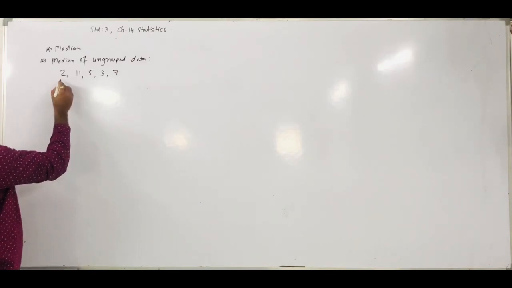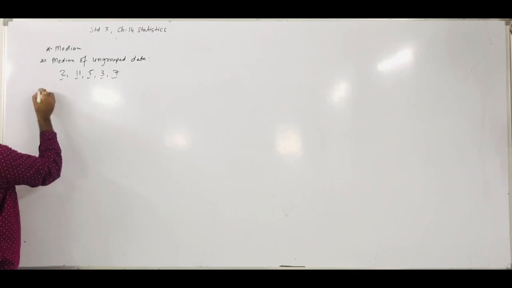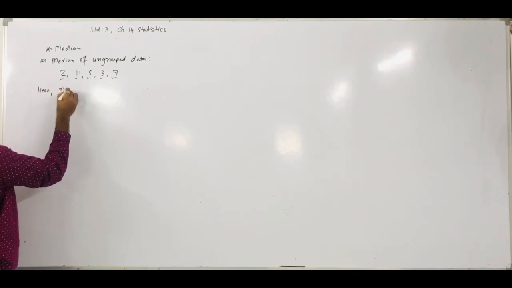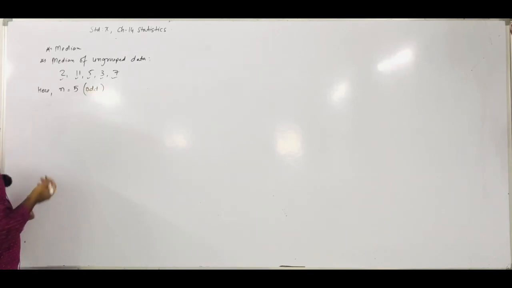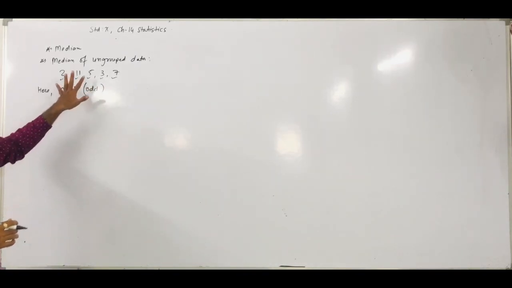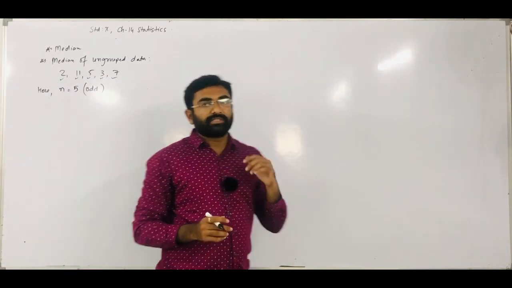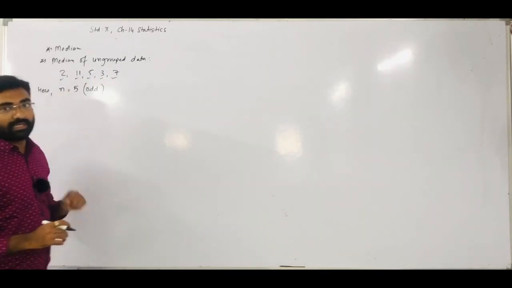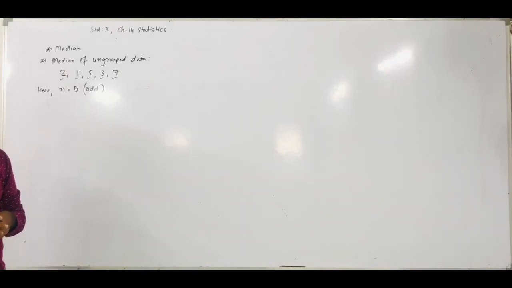Here, first of all, observe how many observations there are: 1, 2, 3, 4, 5. So n is equal to 5. This is called an odd number of observations. Suppose 6 values are given, then n is equal to 6, and it is an even number of observations.